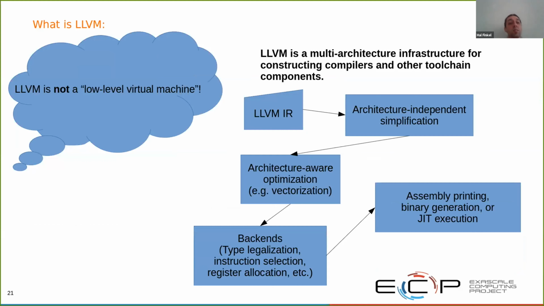So LLVM is not a low-level virtual machine, as you may have heard the term was originally intended to mean. But it's an architecture that combines the ability to provide architecture independent optimizations with architecture dependent optimizations and lowering into code for particular architectures.